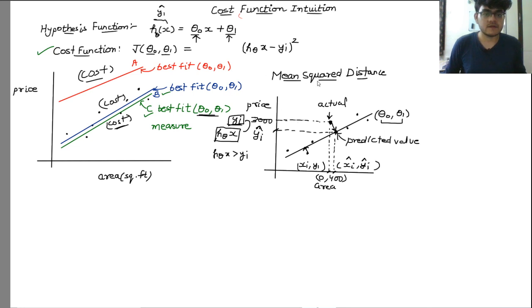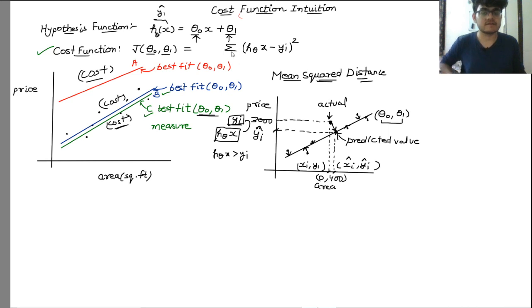Now we know what is squared and what is distance. So this is the squared distance, but after calculating all the distances from all the points to the hypothesis line, we will add them up.